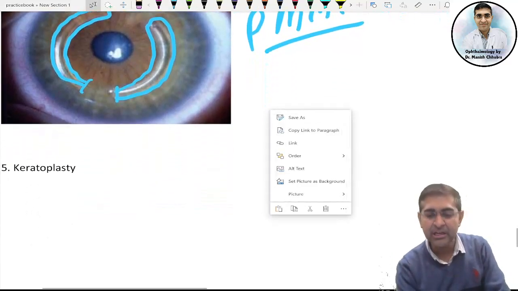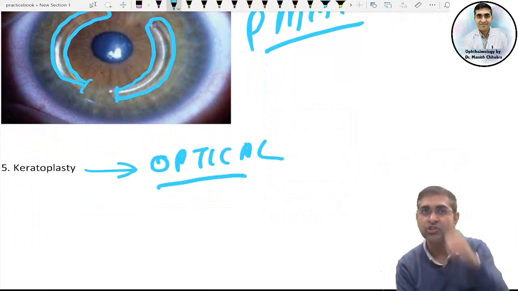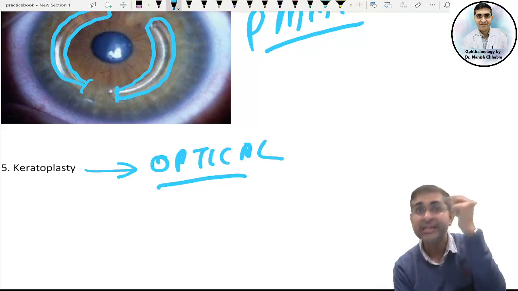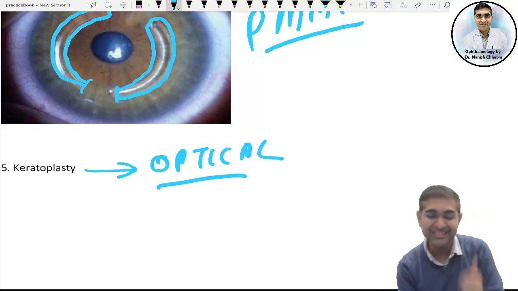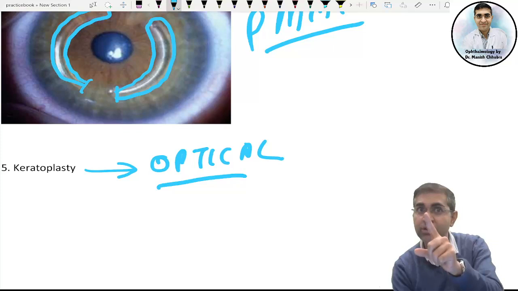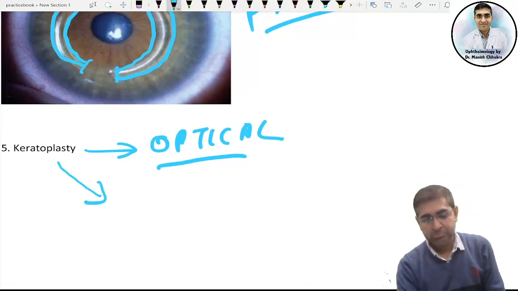And ultimately you can go for keratoplasty. So keratoplasty is your optical keratoplasty. There are different forms of keratoplasty: optical, therapeutic, tectonic, cosmetic, yes. And optical is when you do keratoplasty for the improvement of vision. You can also go for DALK.